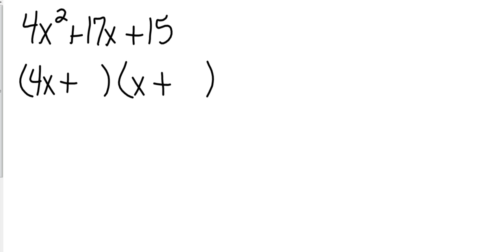Let's just go with 3 and 5 right away. Now, focus on the outside, inside. Outside is going to be 4x times 5, which is 20x. Inside is going to be 3 times x, which is 3x. 20 plus 3 does not give me 17.